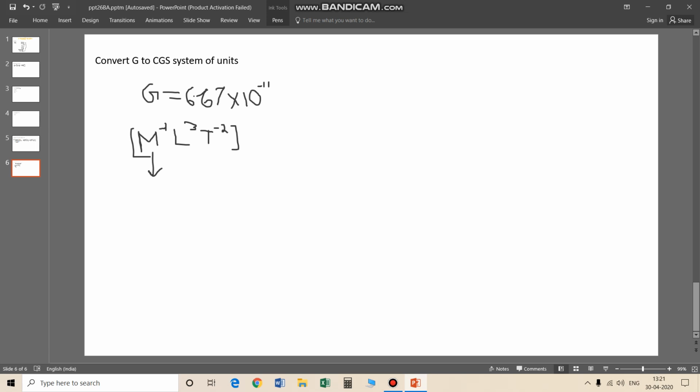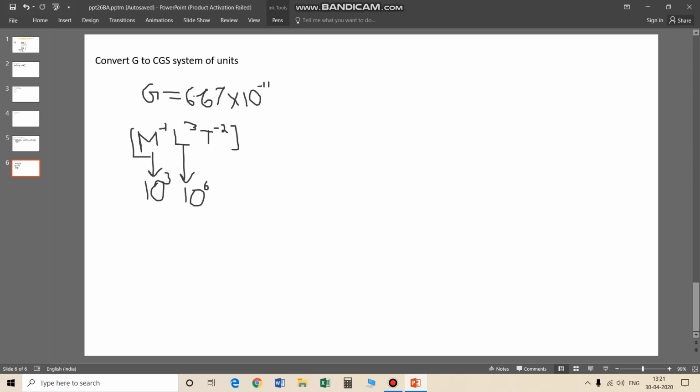But it is mass inverse, so it will come to be 10 to the power 3. If we convert, the product will be 10 to the power 3. Length is meter. 1 meter is equal to 100 centimeter, then it will be 10 to the power 6, right?